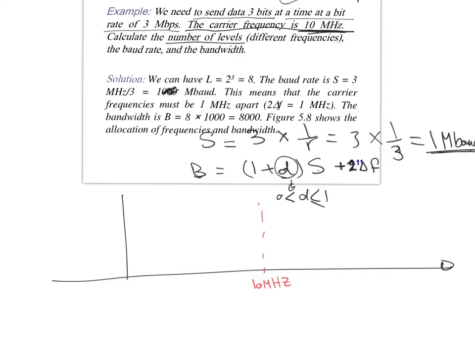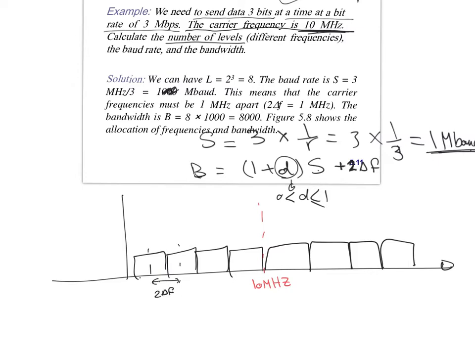So now we have 8 different symbols, and each of these frequency ranges represents a separate symbol. The 2 delta F is here, and the more 2 delta F we have, the more guard bands we have between the symbols, in which case we may have some separation between the different symbols.